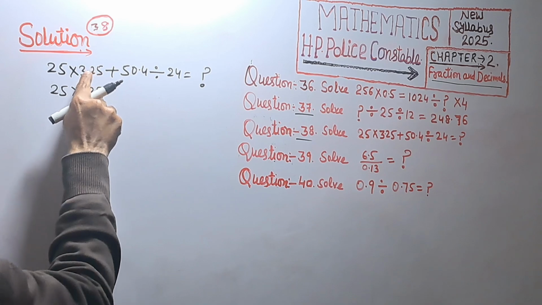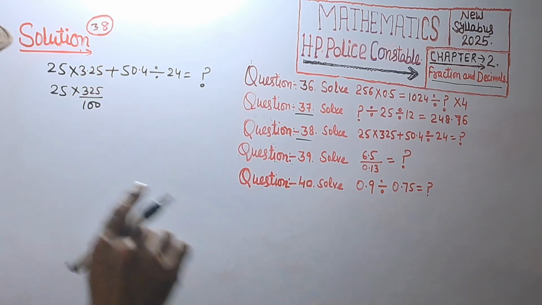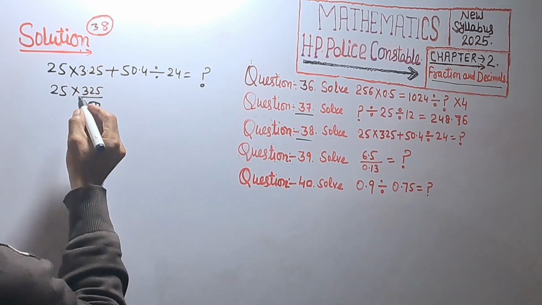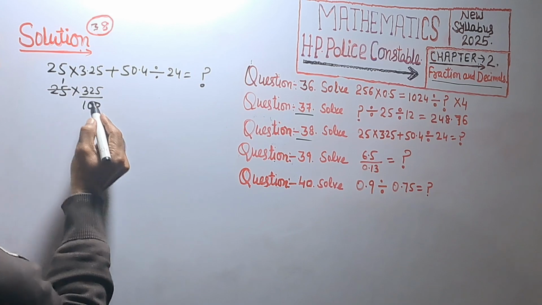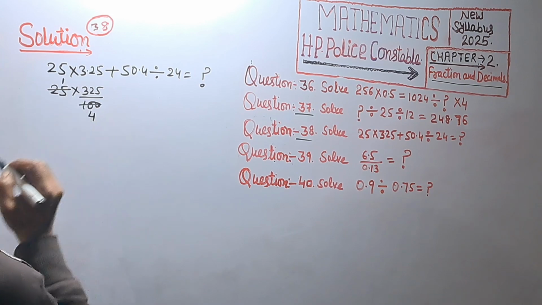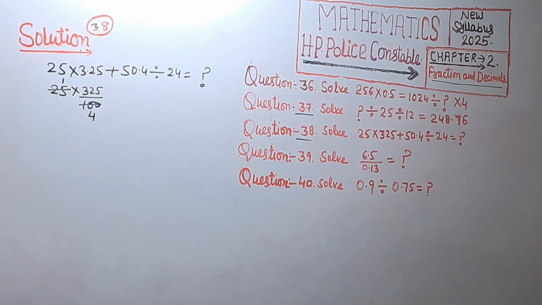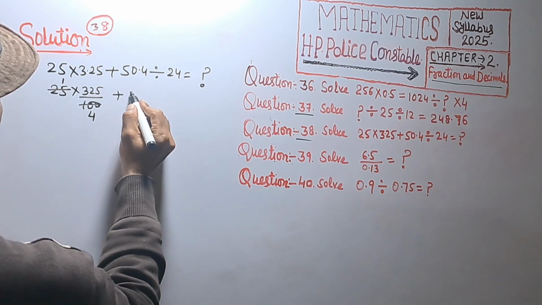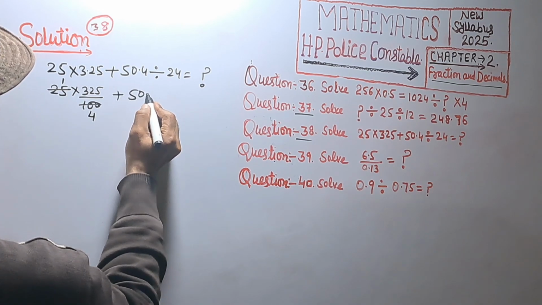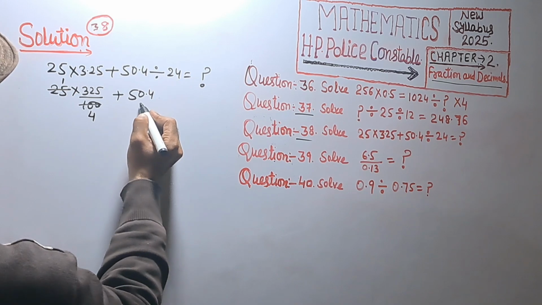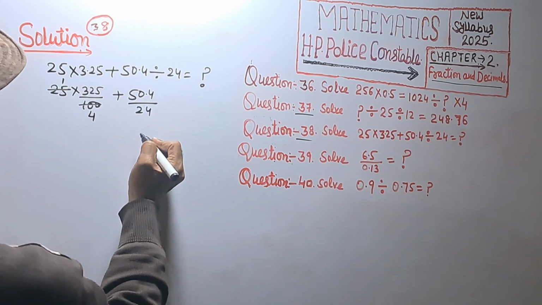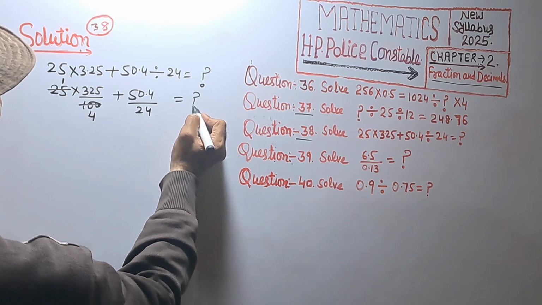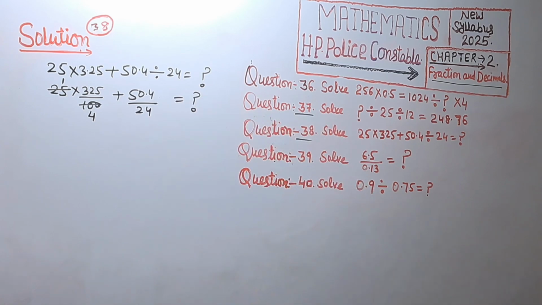Point convert 1 to 5, that will be 20 and 100 upon. So 25 ones are 25, 25 fours are 100 plus 50.4 divide, that is 24 equal to sign of interrogation.